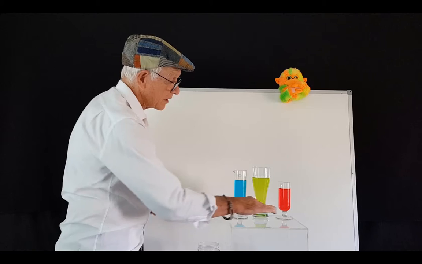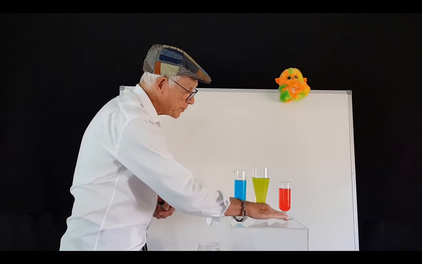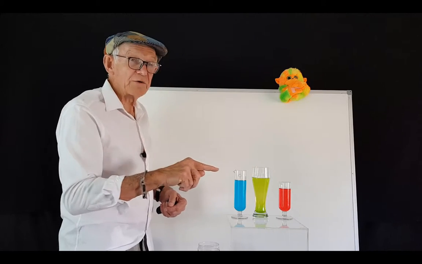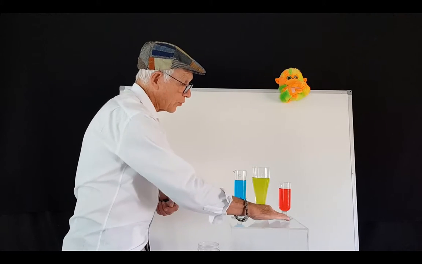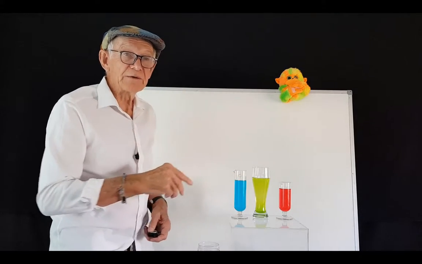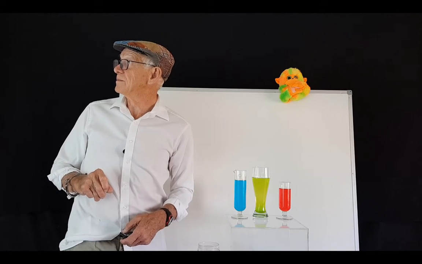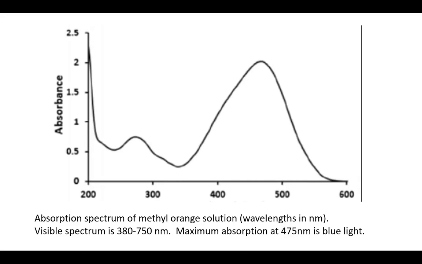Now, I have up on the screen here an absorption spectrum over a range of wavelengths where the molecules in this solution absorb. Here's the absorption spectrum of methyl orange solution, which is reddish orange in acidic solution.